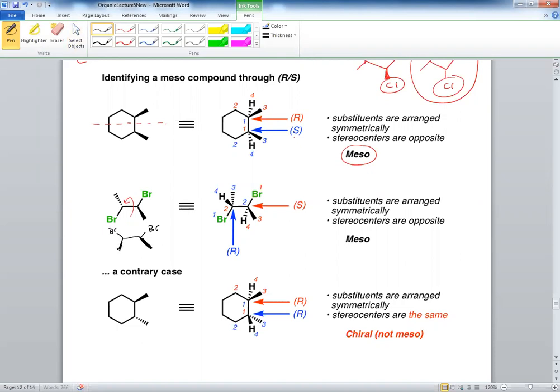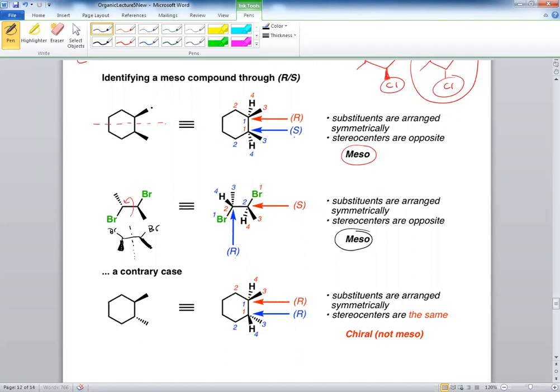And here's this group. So there's a plane of symmetry right there. So when you find out what this RS, SR is, you find that this is an R and S, therefore it is going to be a meso compound. But again, look how there's a plane of symmetry. You need to look for that.